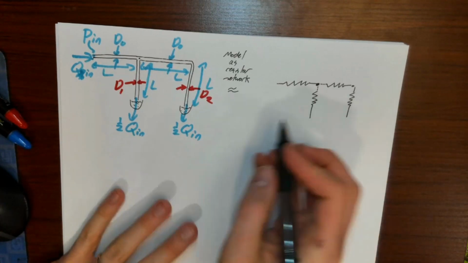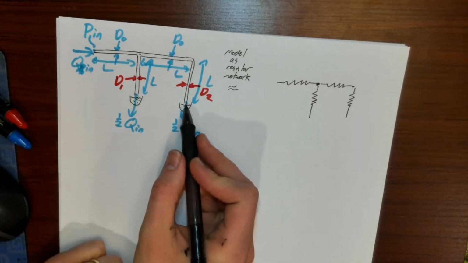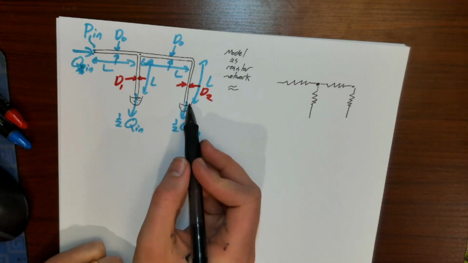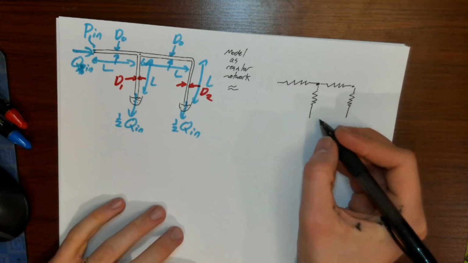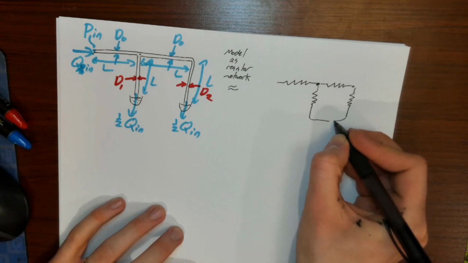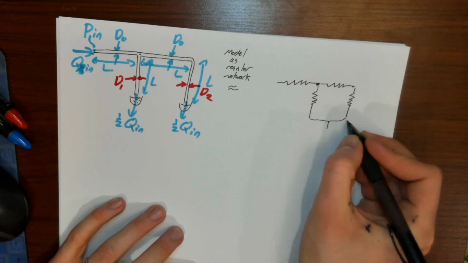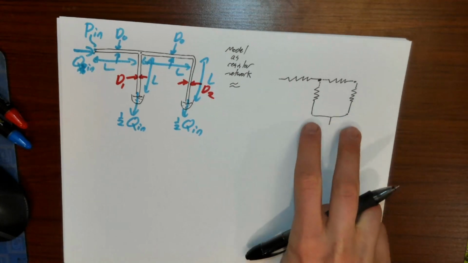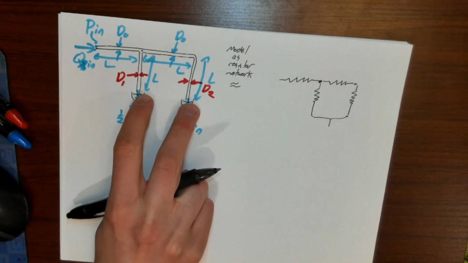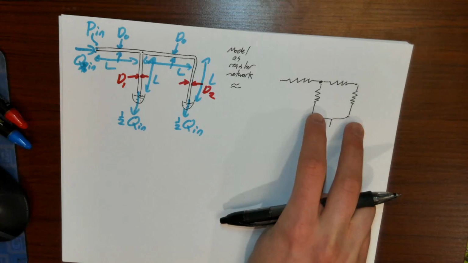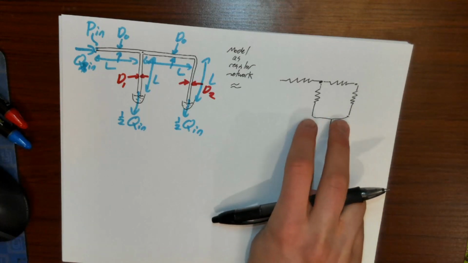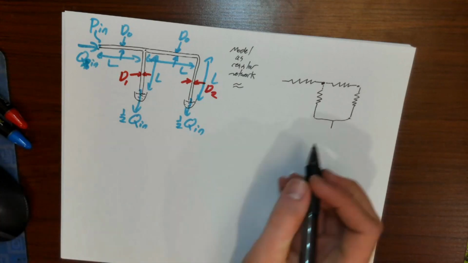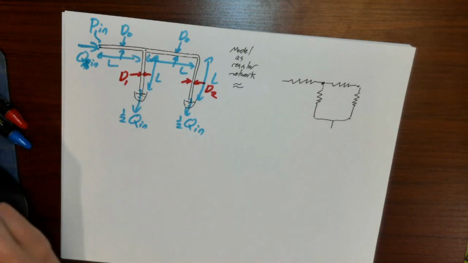And because both of the outlets of these tubes are exposed to atmospheric pressure out here, the ends of these two resistors are essentially connected to each other, because those two points are at the same pressure in this circuit, or in the electrical engineering analogy, they'd be at the same voltage, which is equivalent to them being connected. So here we have it.